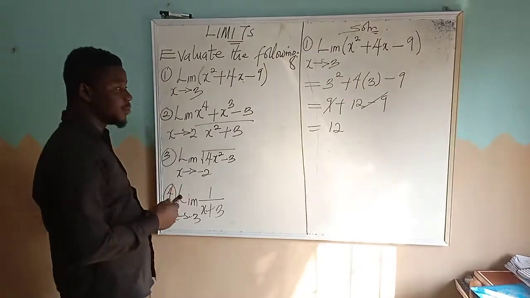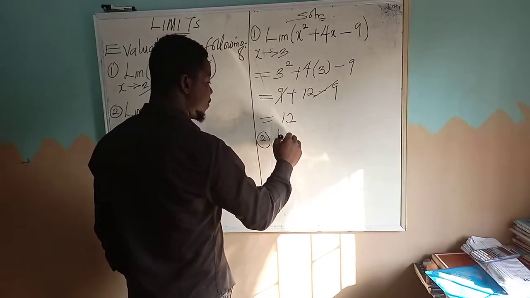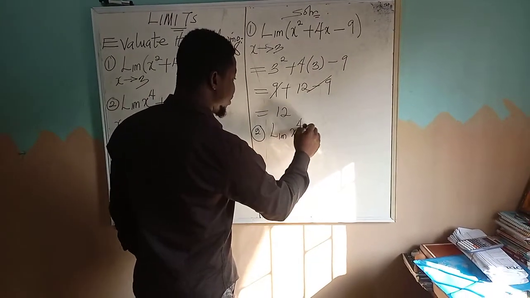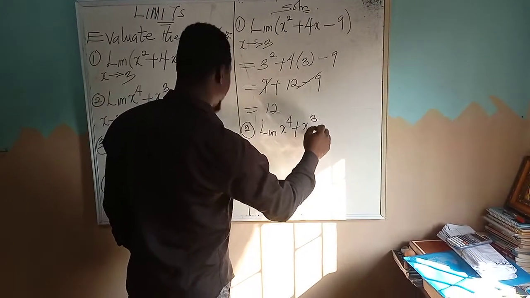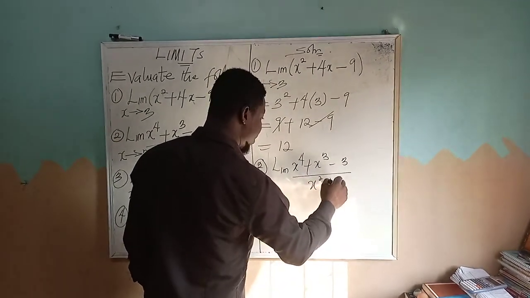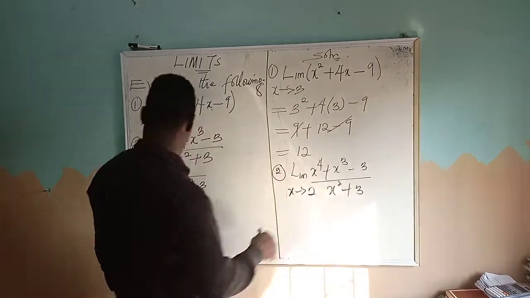Let's look at the second sample, example 2. So we have the limit of x to the power 4 plus x to the power 3 minus 3 divided by x squared plus 3, as x tends to 2.